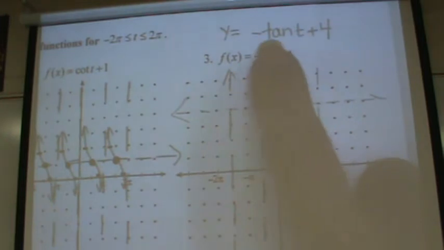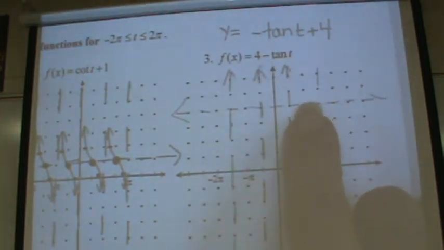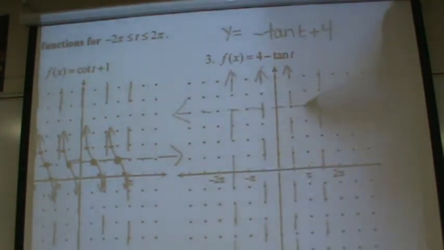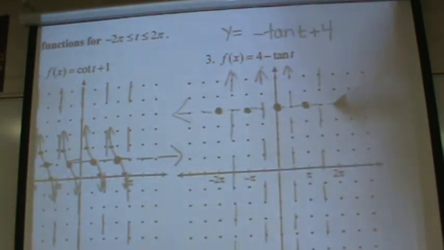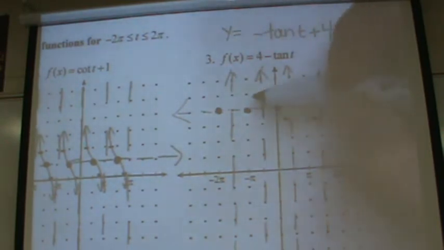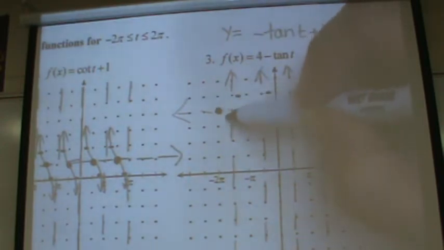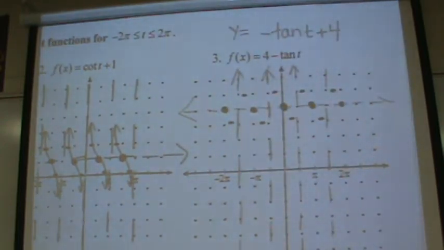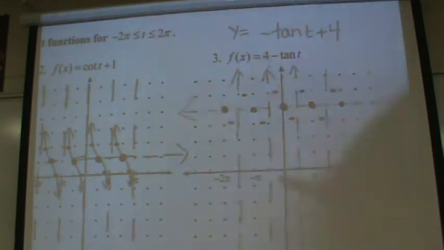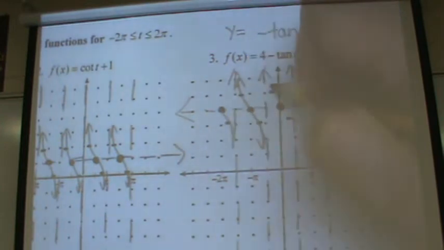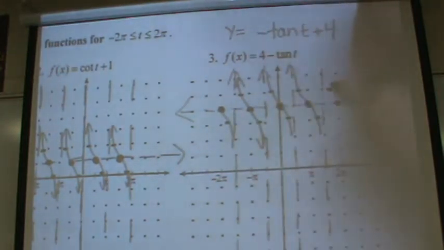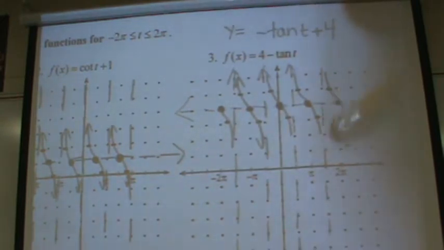Now, it's a negative tangent. A negative tangent is just going to look like a cotangent. But still, your zeros are in between. Actually, you don't want to do that part because it stops at 2 pi.